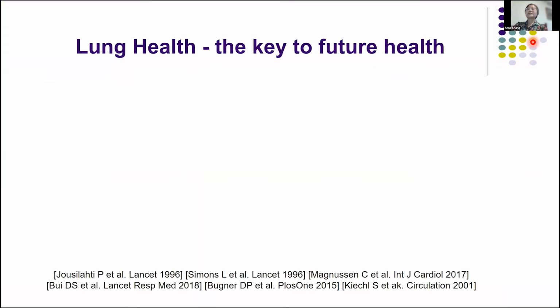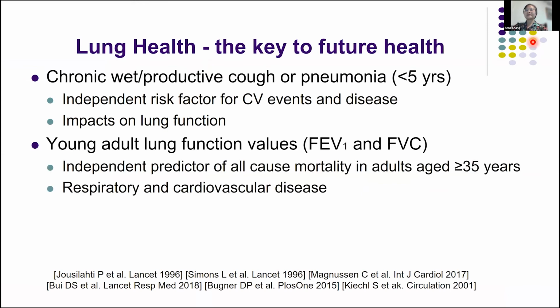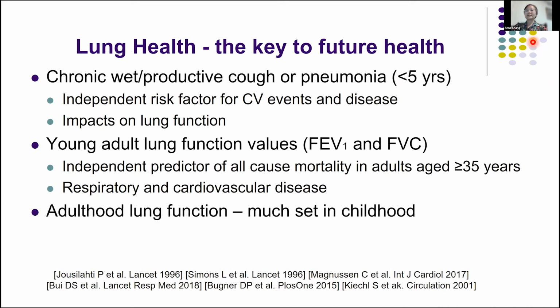So lung health is the key to future health. Chronic productive cough, especially if you're less than 5, is an independent risk factor for cardiovascular events as it impacts on lung function. Young adult lung function is an independent predictor of all-cause mortality, particularly respiratory and cardiovascular disease.